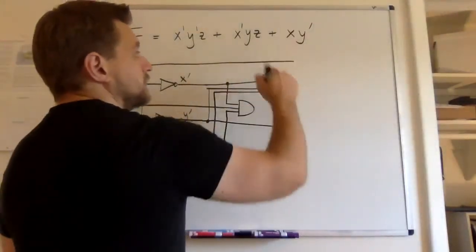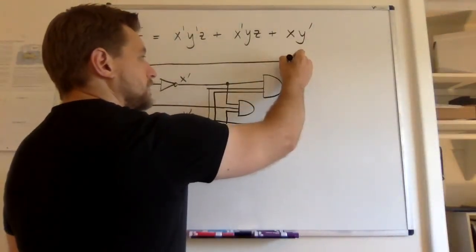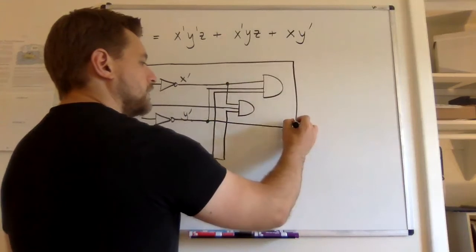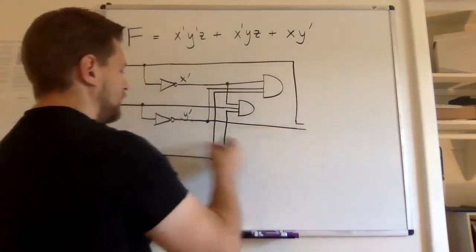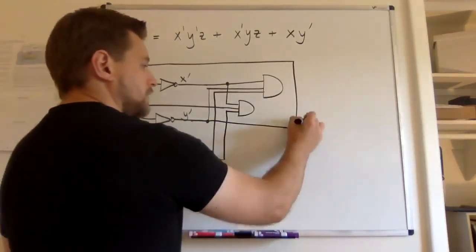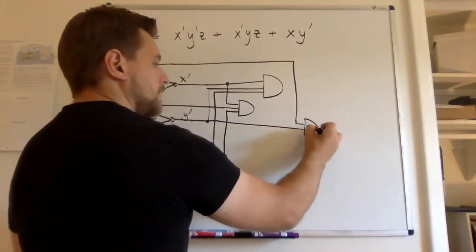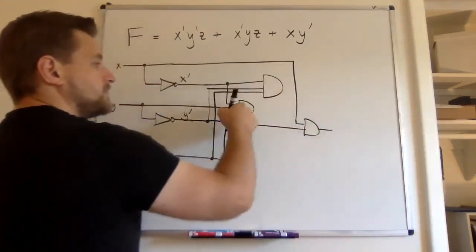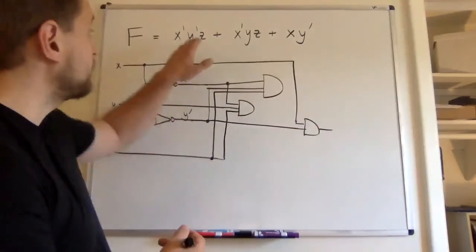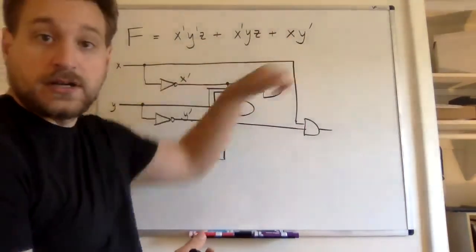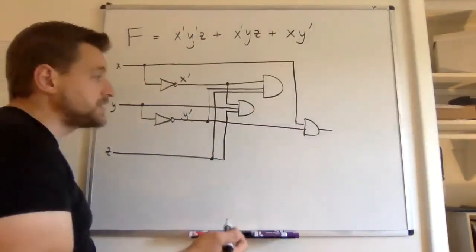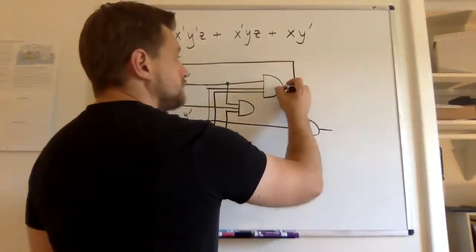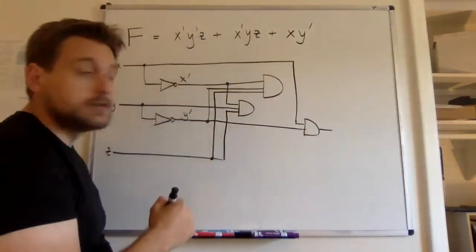And the last one is an AND with x and not y. The outputs of those three AND gates are the three terms in our functional expression. But we still have to OR them together.